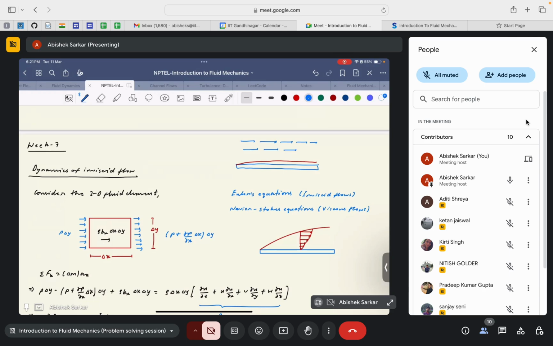Inviscid does not mean that the flow has zero viscosity. Okay, this is very important to know. That's why we preferably use the word inviscid flows rather than non-viscous fluids, because inviscid flow tells us that viscosity is very much present.